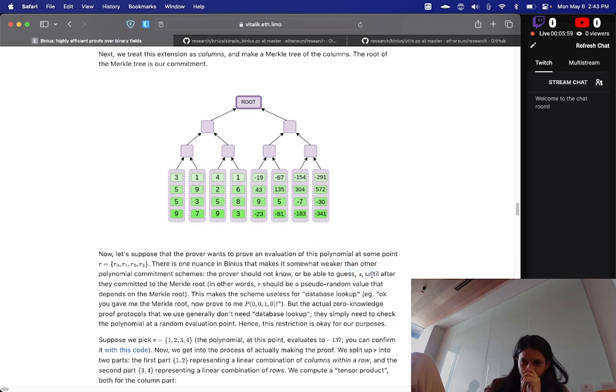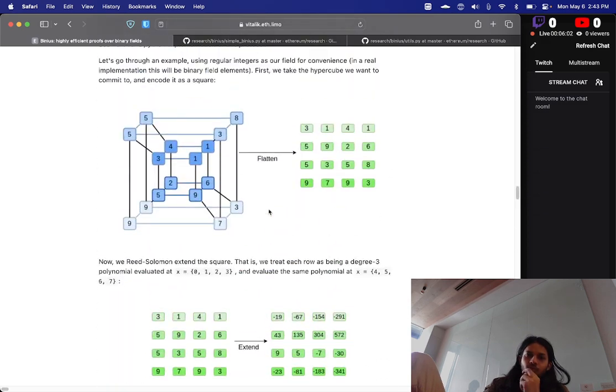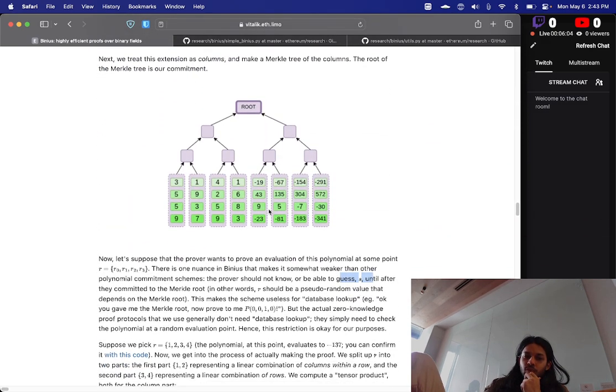Where is that? So the first time he shows a picture of a Merkle tree with a root, he's like, now let's suppose the prover wants to prove blah blah blah. And then on the third line it says, the prover should not be able to guess S until after they committed to the Merkle root.